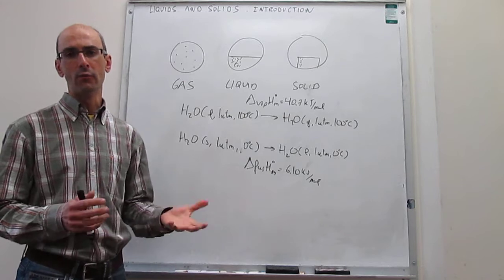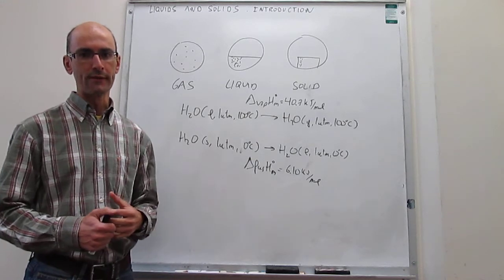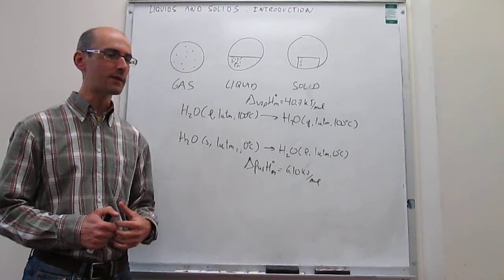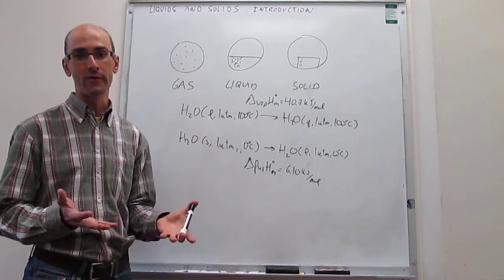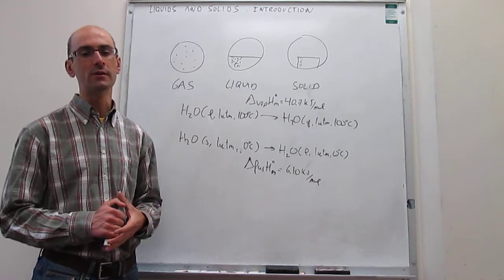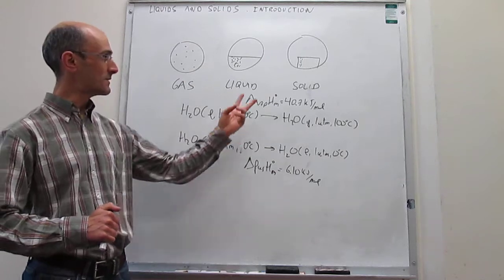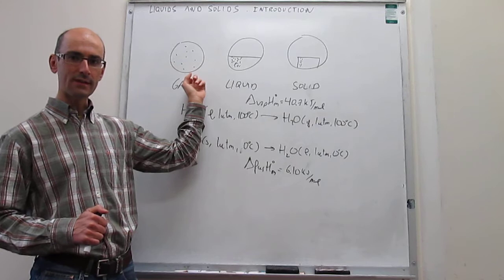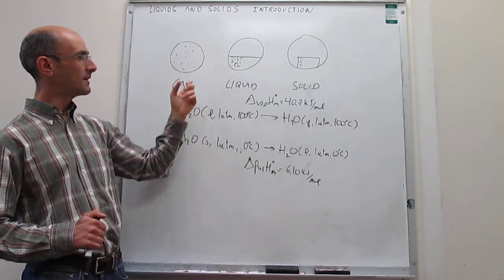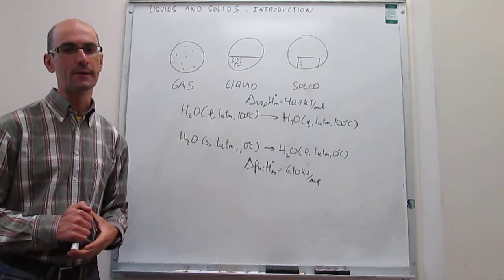There will be about 10% difference from, say, liquid water at 25 Celsius to ice at 0 Celsius. But if you were to measure the density of water vapor, you would find that the density is about 1,000 times lower. So 10% difference in density between these two phases, but 1,000 times lower density, which means that essentially there's empty room between those gas particles.